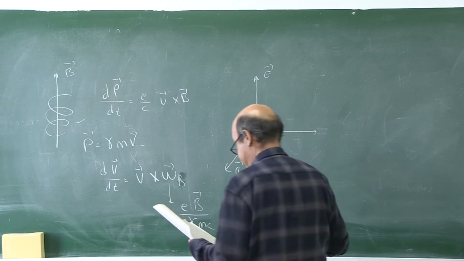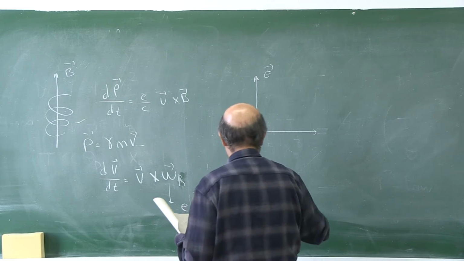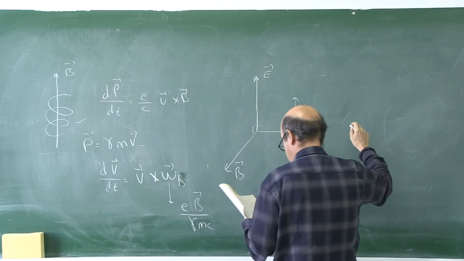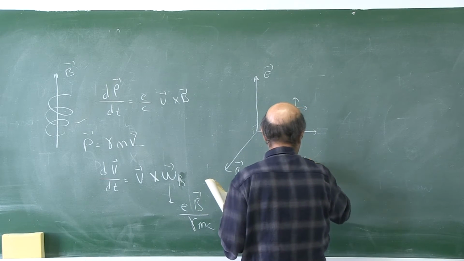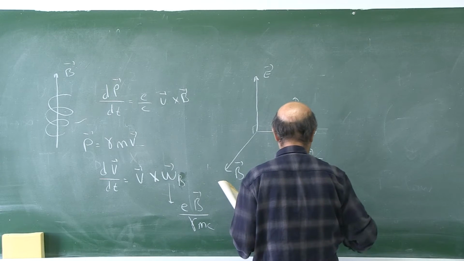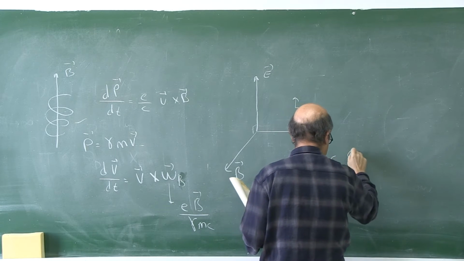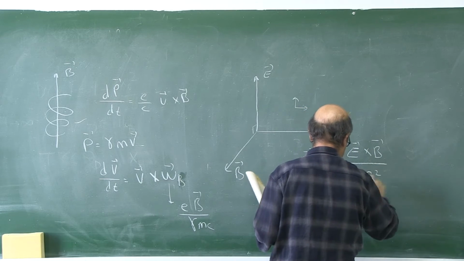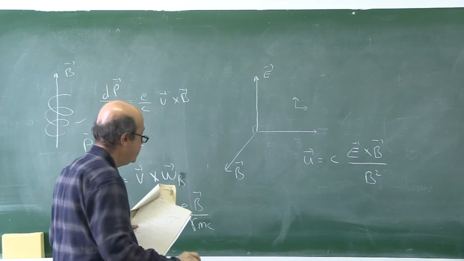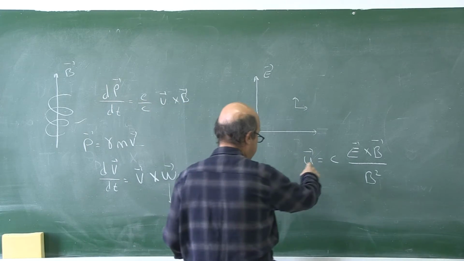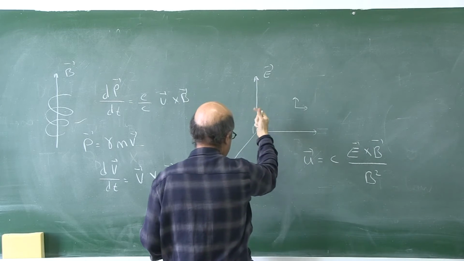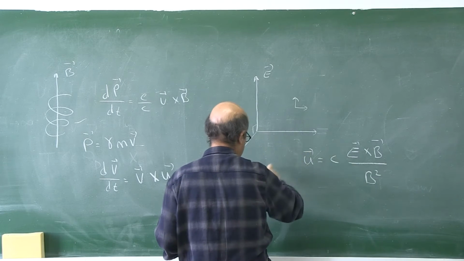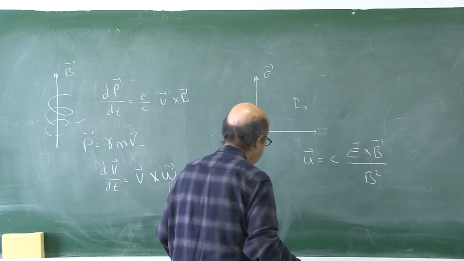So suppose that you have some frame, and this frame moves with velocity E cross B. If we call these X, Y, Z, then E cross B is along the Y axis.